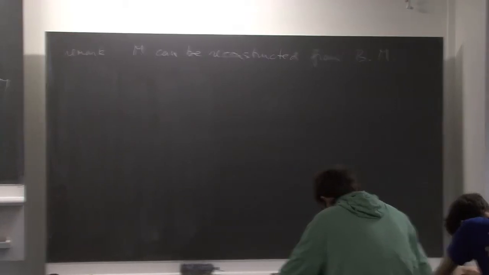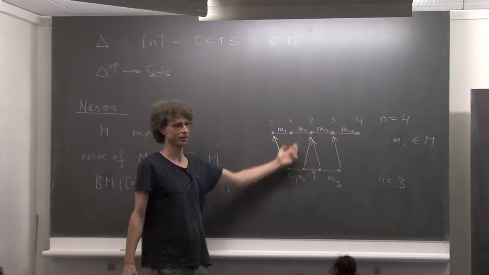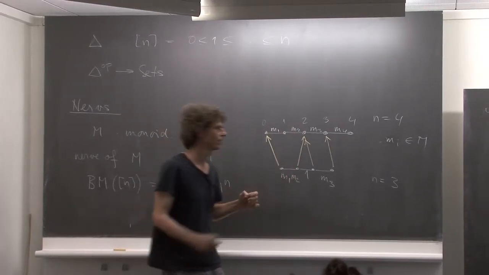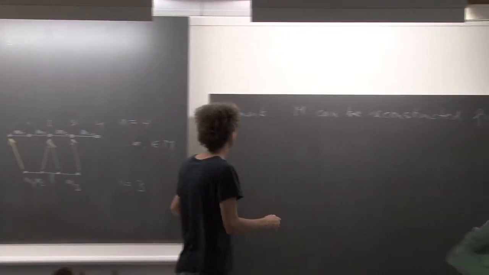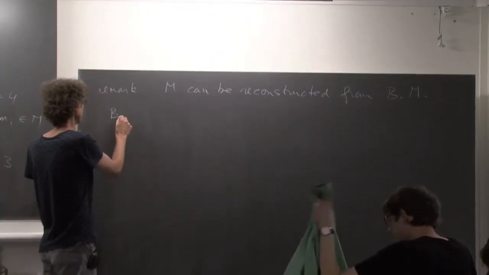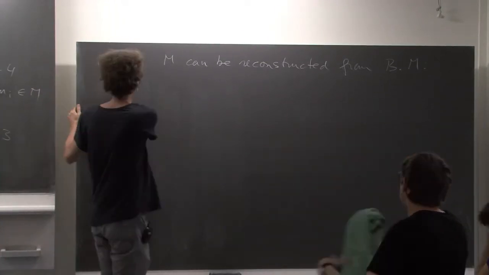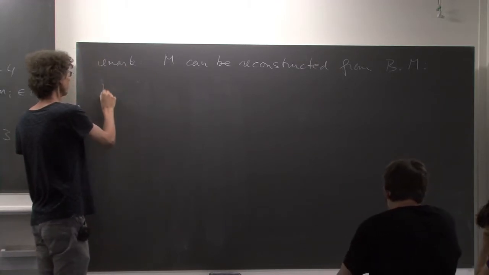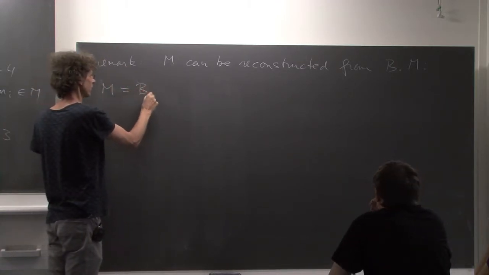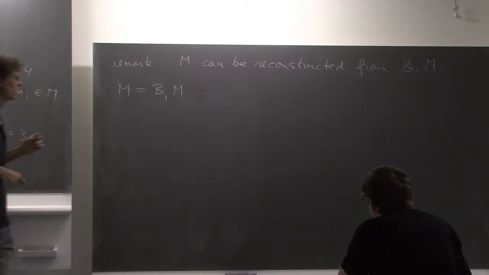We already have the product, basically, in what's happening here. How do we do it? Let's put it this way: M itself is just B1 of M.